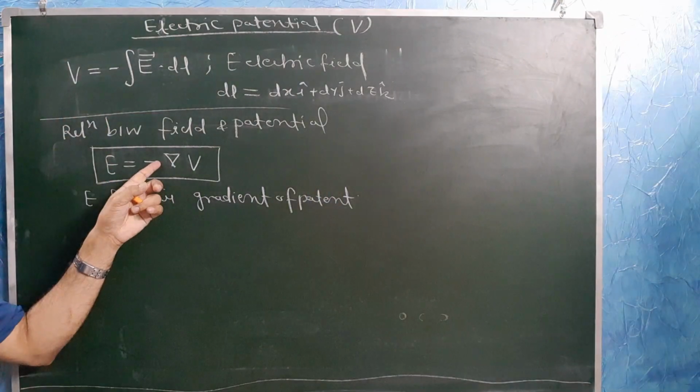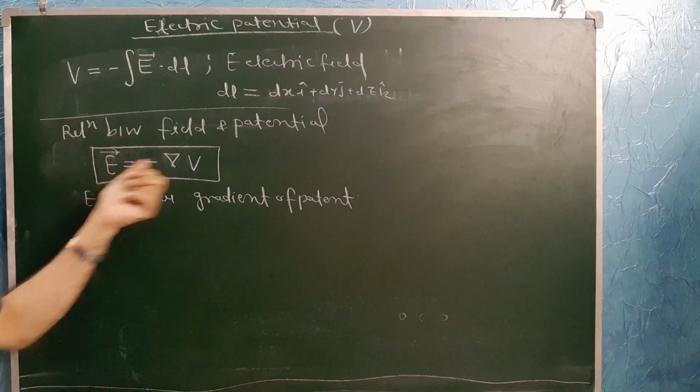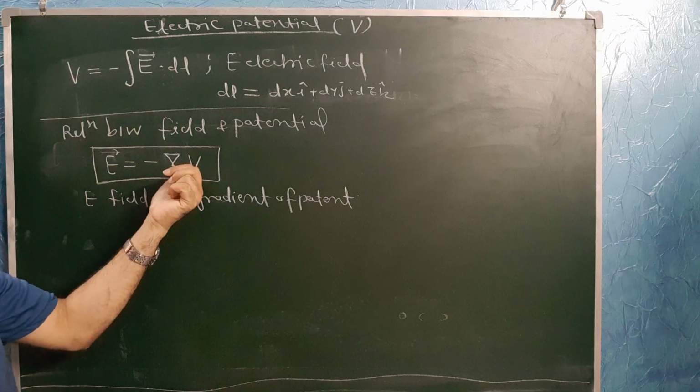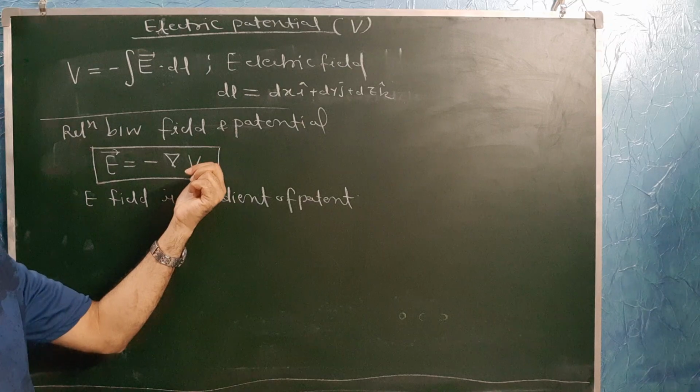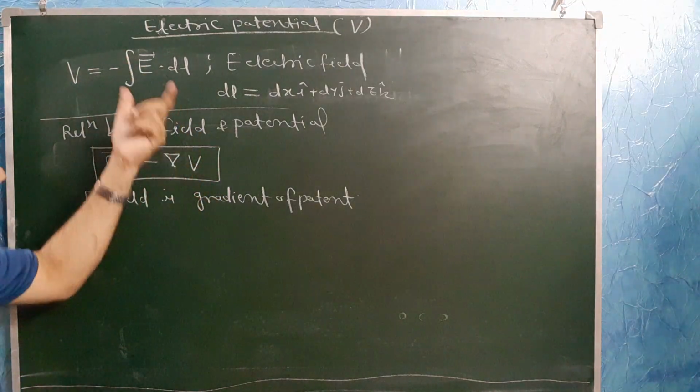This del is a mathematical operator, and this is the relation between field and potential. So we can express the electric field as the negative gradient of potential.